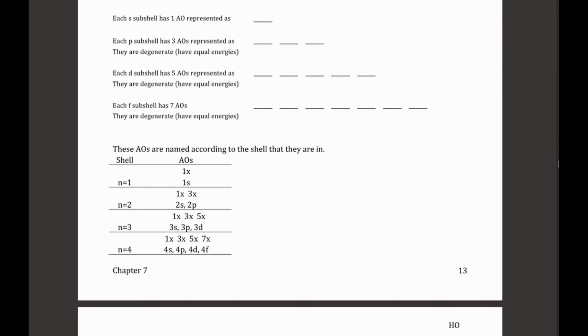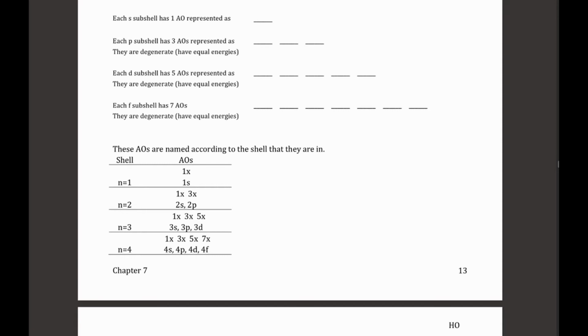On your ticket, if it's a theater with different sections, like the orchestra, the mezzanine, it says what section you're in, which in this case is like the shell. If you're in the orchestra, that's like n equals 1, you're close to the stage. If you're in the mezzanine, you're a little further away, maybe that's n equals 2, and the gallery, you're further away, n equals 3. Within the section, you have a row that you're in. That could be like L, which row in that section are you in?